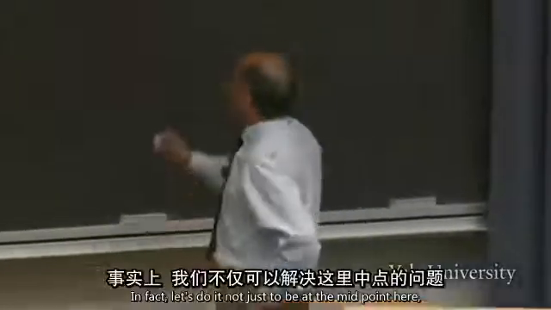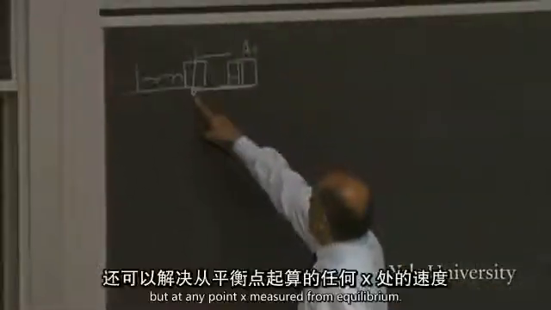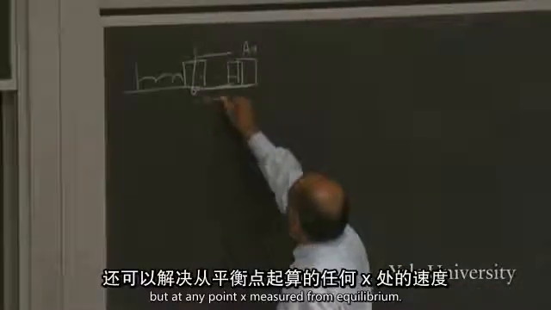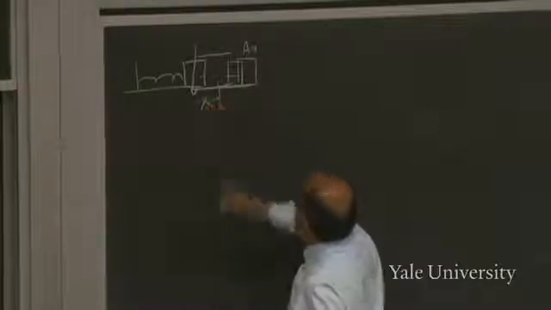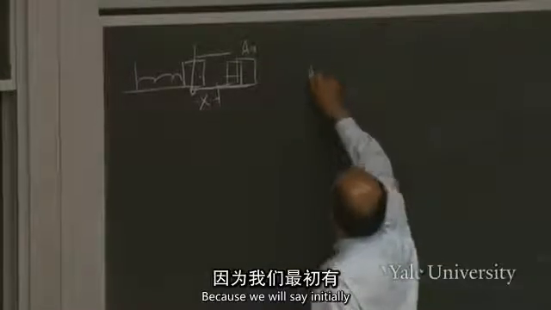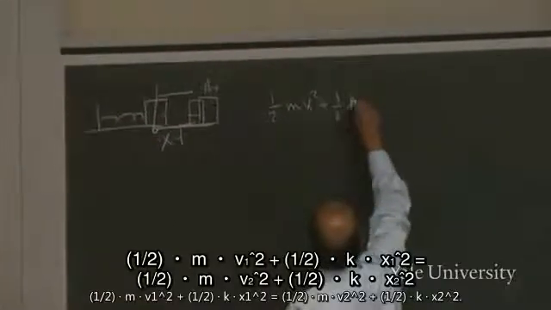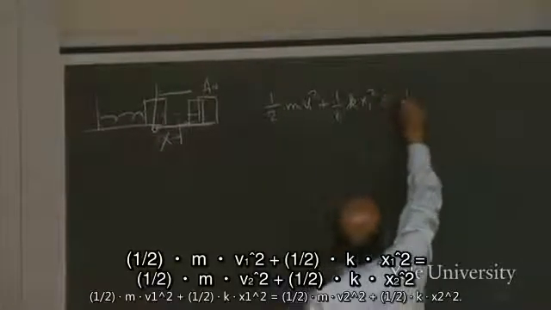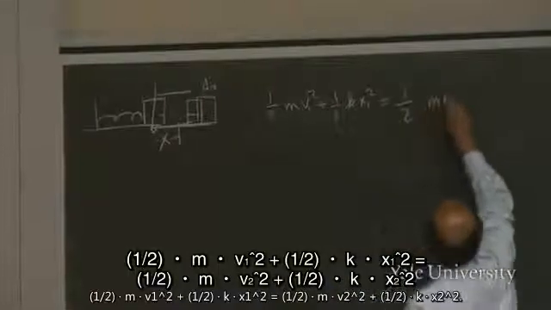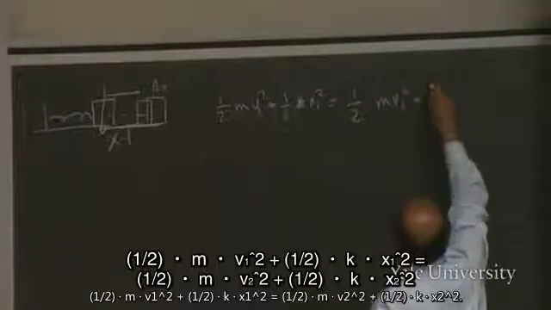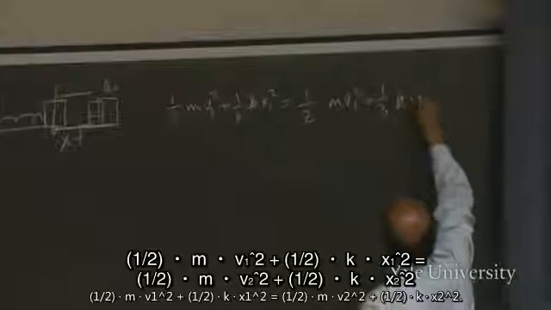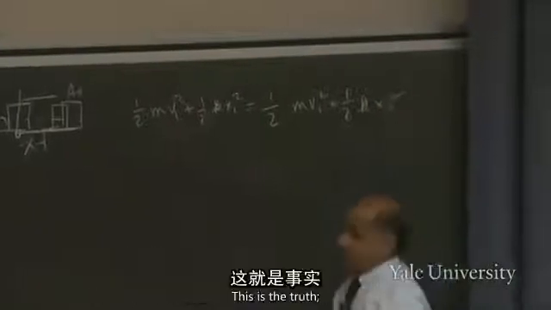In fact, let's do it not just at the midpoint here, but at any point x measured from equilibrium. Because we will say, initially, 1/2 m v1 squared plus 1/2 k x1 squared is equal to 1/2 m v2 squared plus 1/2 k x2 squared. This is the truth.